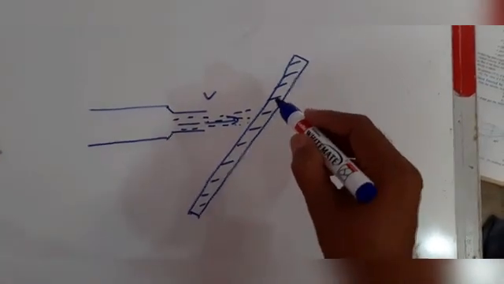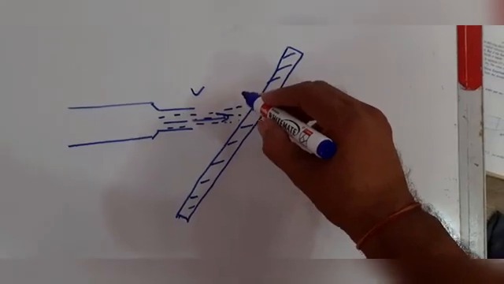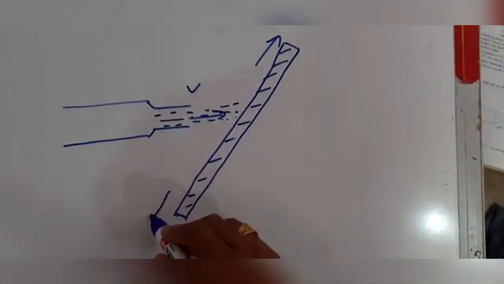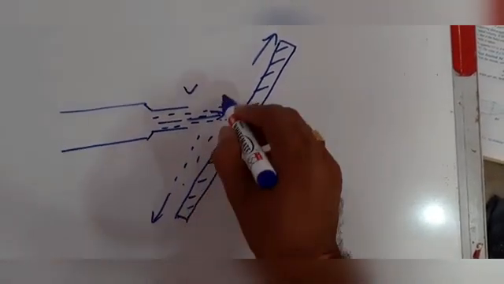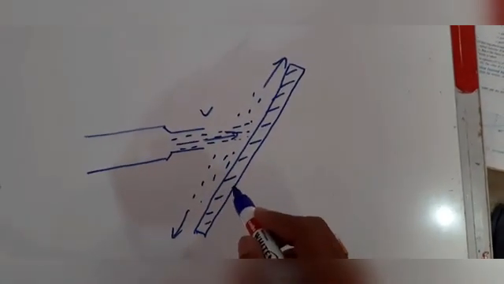After striking the plate, this jet flows through this direction and this direction. The water is flowing in these two directions.